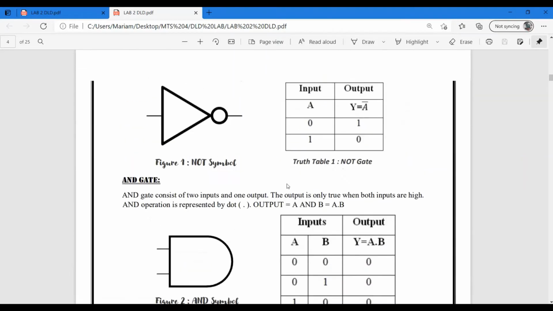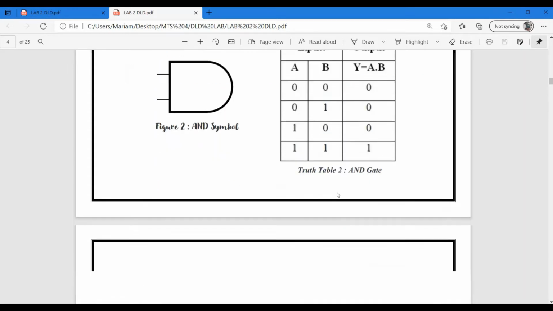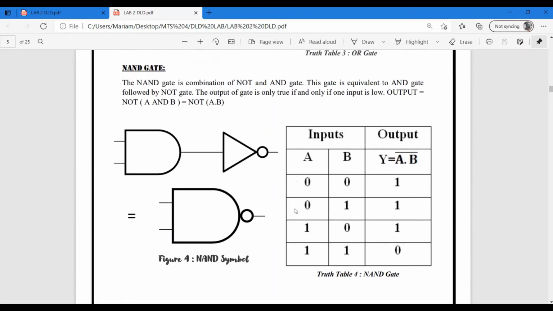So in the AND gate, as it is shown, when both are at high state, the output is at high state. But in the NAND gate, as shown, when both are at high state, the output is at low state. That is why it is a combination of NOT and AND.